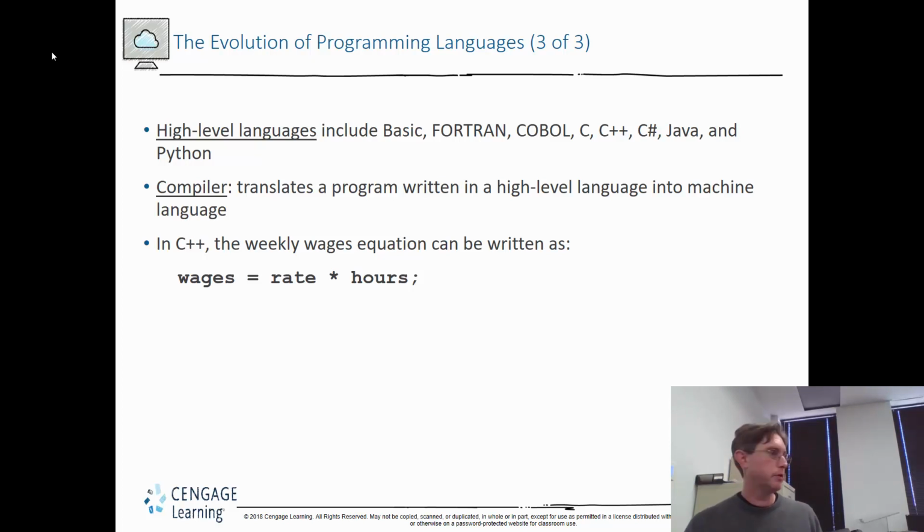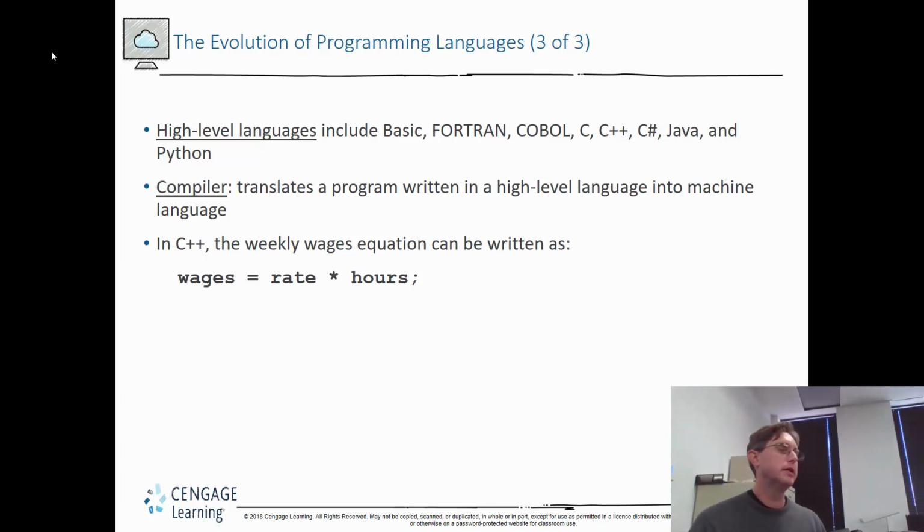With C++, we have something called a compiler. The compiler will translate that high-level language code into machine code. Right? And similar for other programming languages, such as Fortran, COBOL, Java, C#, Python, or whatever it happens to be.